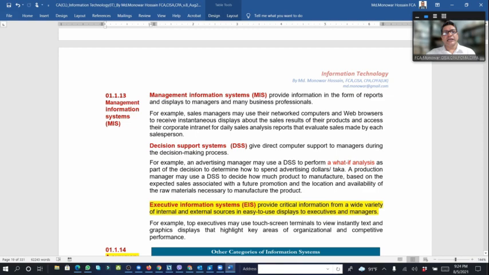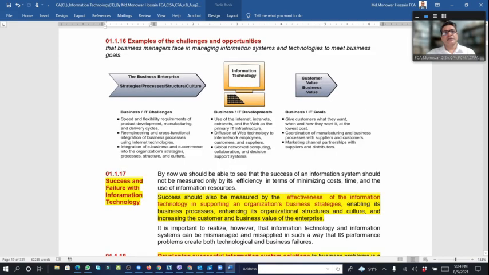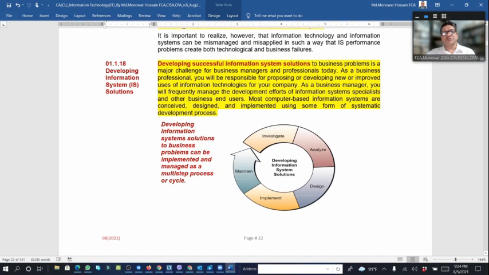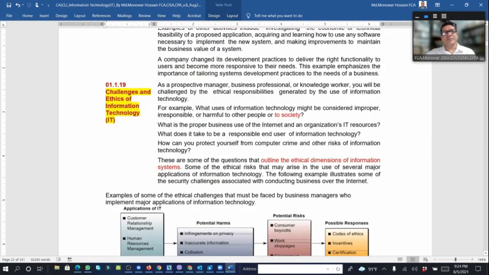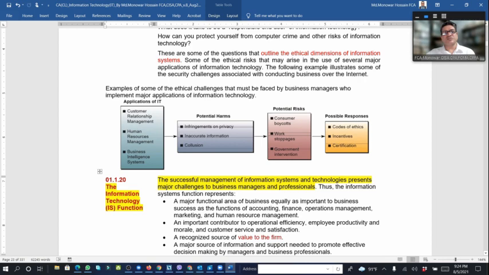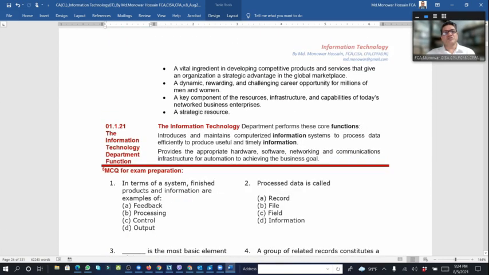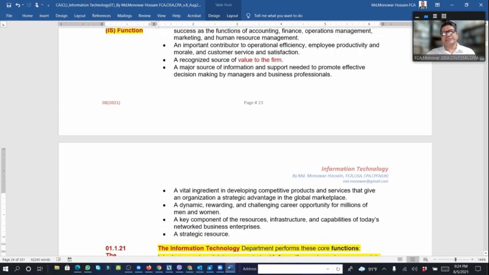We have also seen the challenges and opportunities of information systems, how to develop an information system cycle, challenges of ethics in information systems, the role of the information system function, and what the information technology department does. So this is the first chapter.